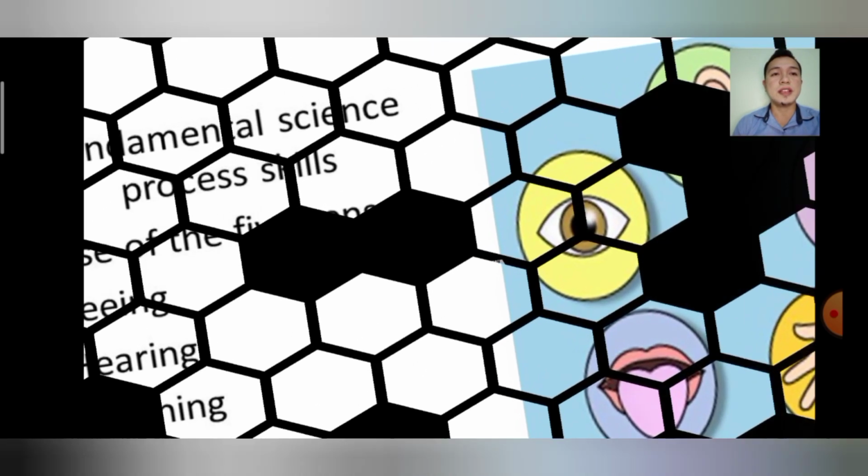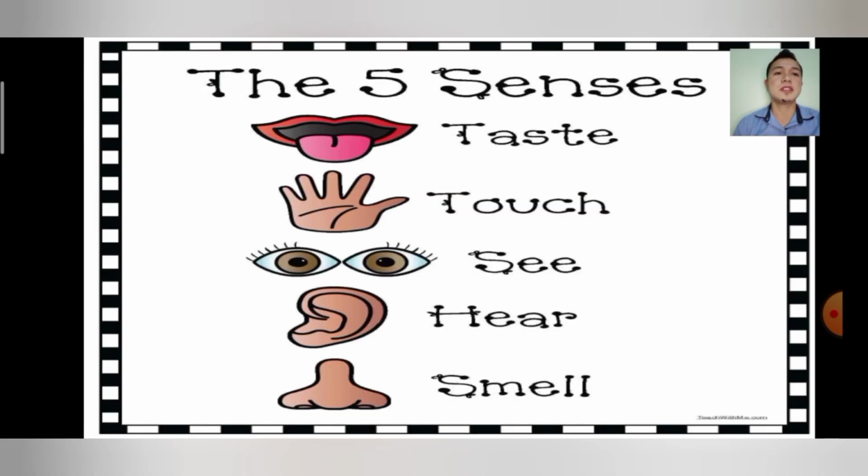In what way? Here we go. You can taste the food. It's either bitter, sweet, sour, or salty because of our tongue. We use the tongue to observe the taste of a thing or a food.